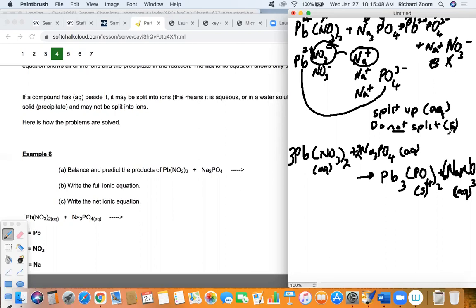So how do we deal with that? Well, let's have a look. With the 3 Pb(NO3)2, think of it like this: three boxes that contain Pb2 plus and NO3 minus.